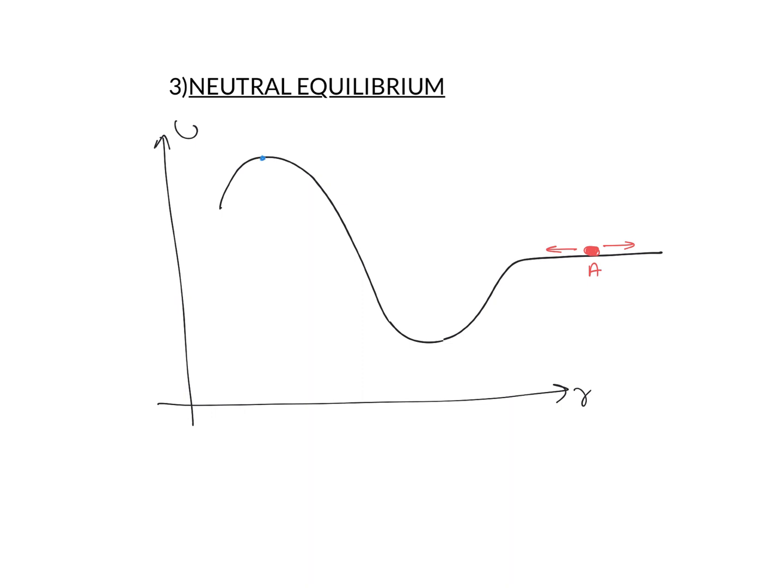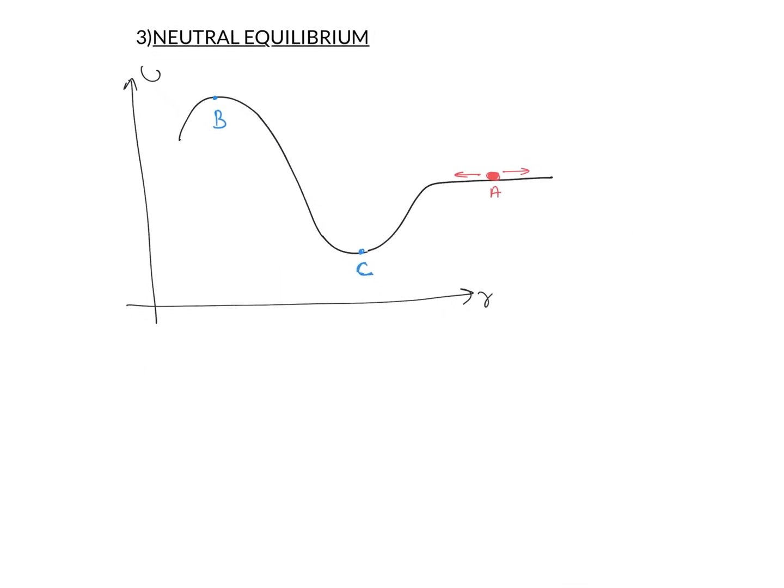If you consider point B, where the potential energy is maximum, that is known as unstable equilibrium. Point C, where the potential energy is minimum, is the condition for stable equilibrium. And point A, where the potential energy is not changing, is the condition for neutral equilibrium.